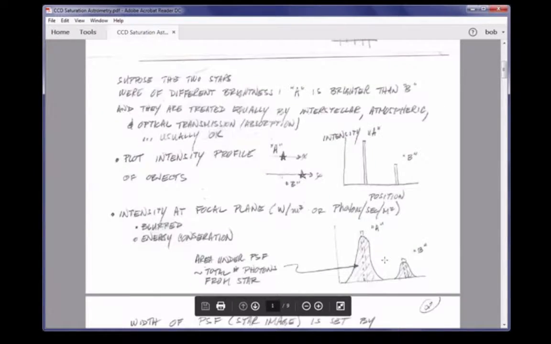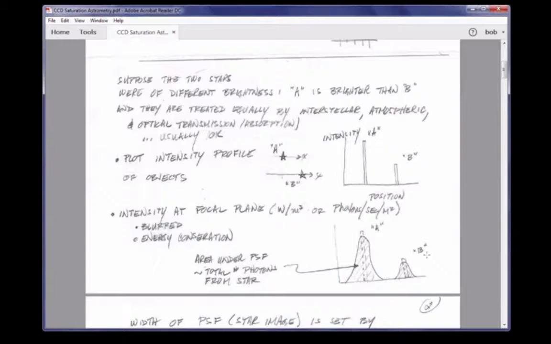So let's start out in the sort of ideal situation where we have 2 stars. They differ in brightness. So star A is bright and star B is a little fainter. But let's assume that those 2 stars are treated equally by the interstellar medium, the atmosphere, the optical effects in our telescope, transmission, absorption, image forming effects.